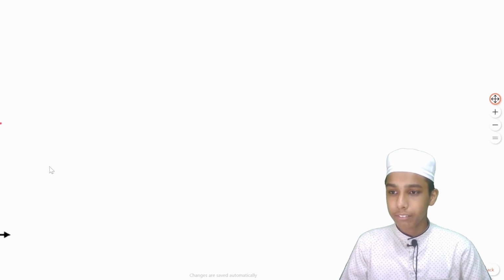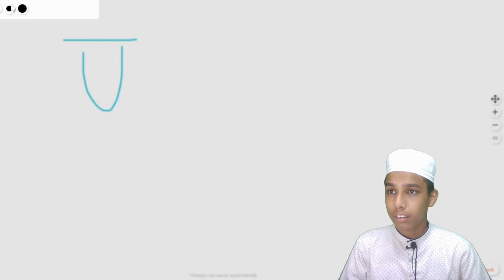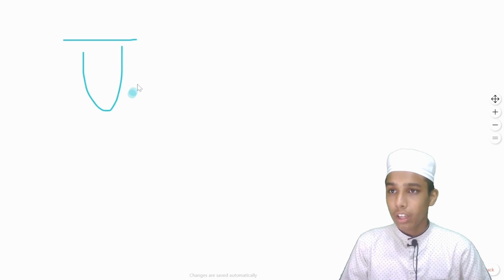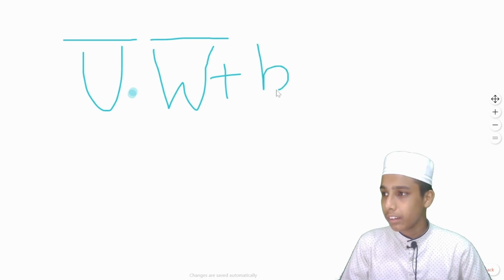So guys, I'm going to show you an example with this one. You can see here we have the u, and then we have a dot. After that we have w plus b.